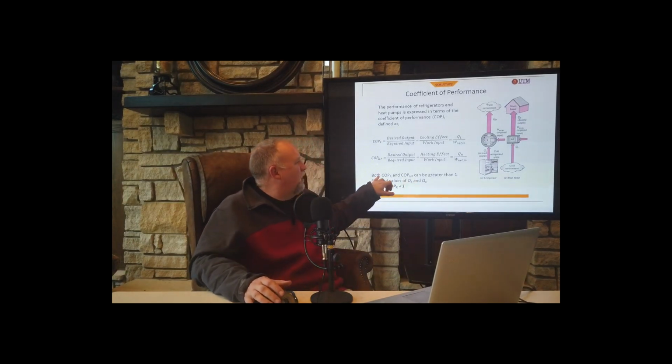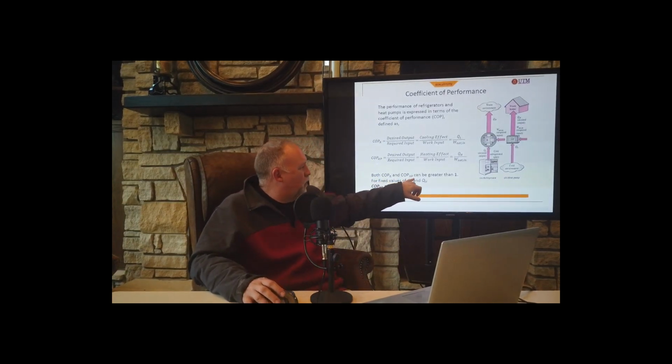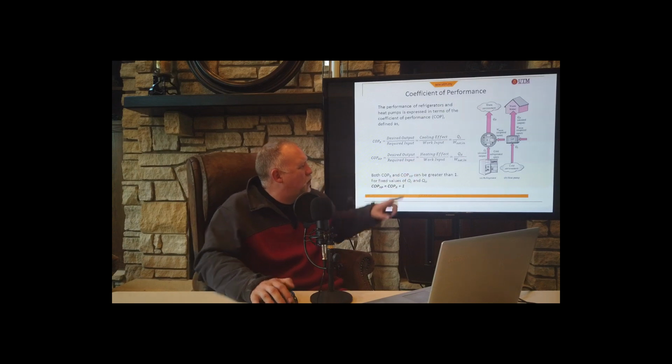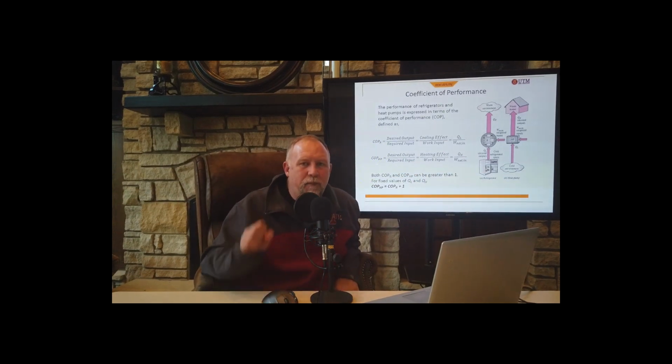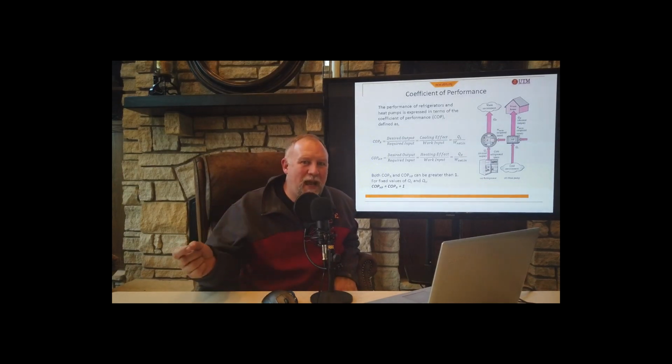So for our heat pump, the coefficient of performance is greater than 1. In other words, if we go over to that picture, that heat pump transfers more energy into the house than it consumes in electricity.